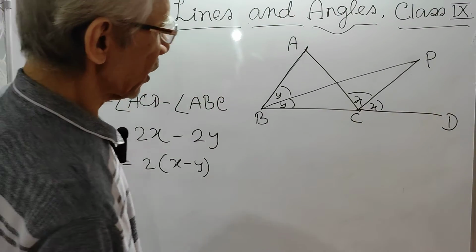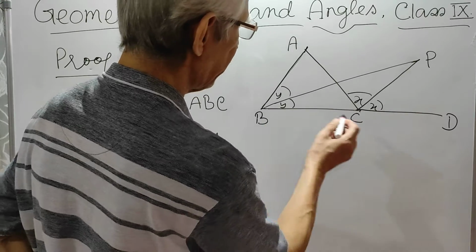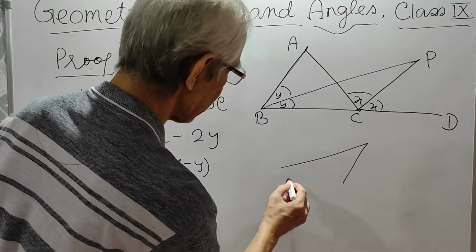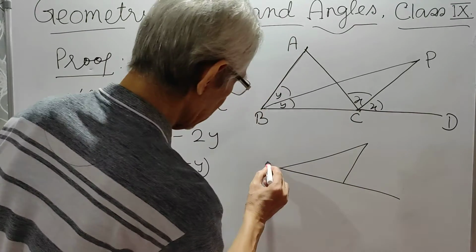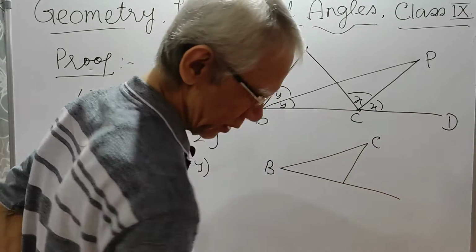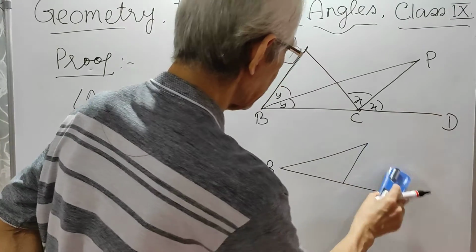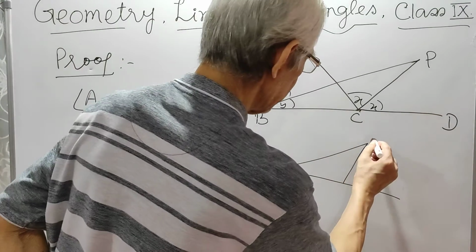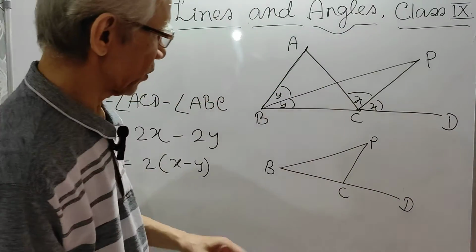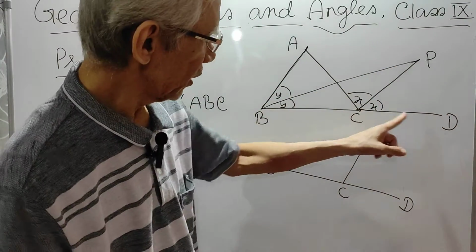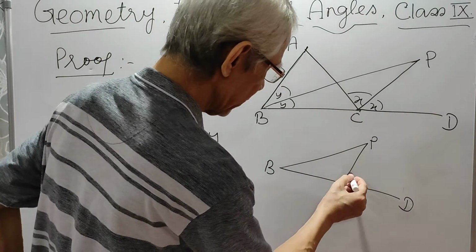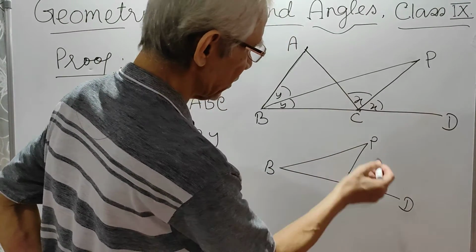Now look at this triangle BPC, with D on the extended line. Look at BPCD. Now this angle PCD is x, you see.